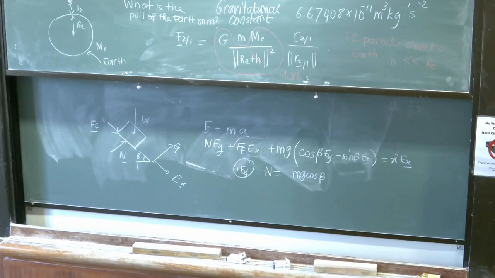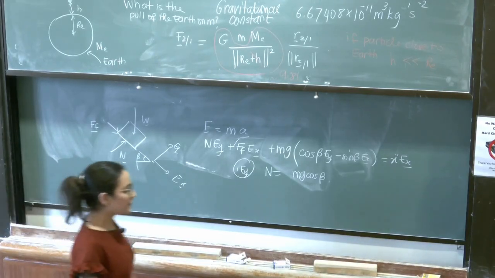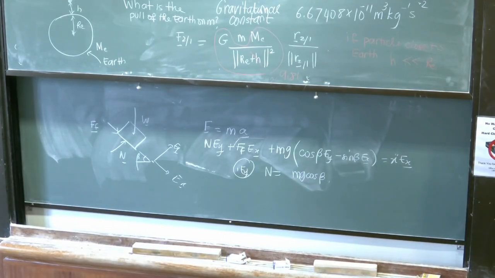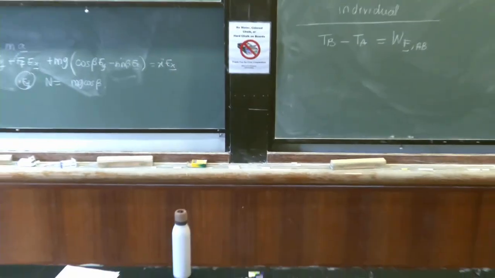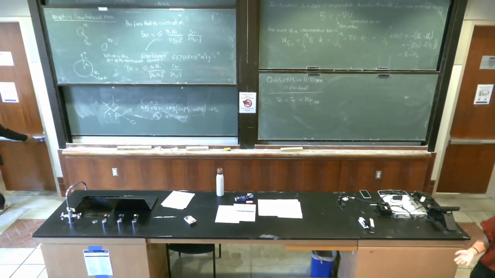Great. I was so almost done. Okay. So the work energy theorem again is that the change in kinetic energy, TB minus TA, is equal to the work of all the forces between the two A and B. So then when do we use the work energy theorem versus using the balance of linear momentum?